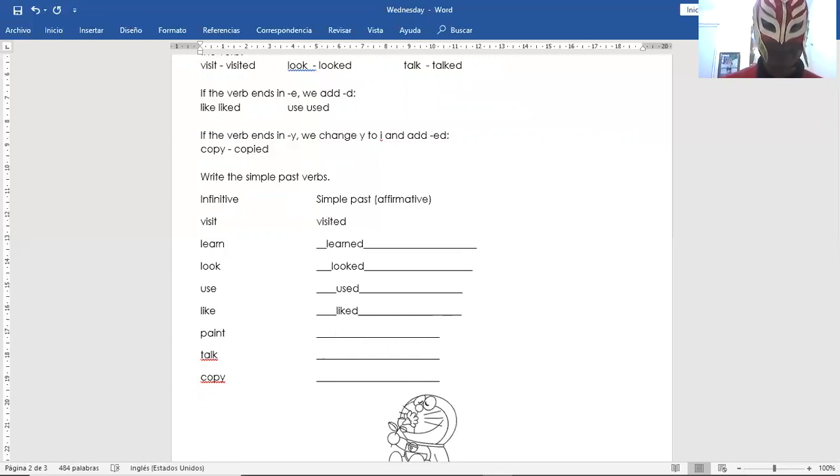The simple past of paint is painted, using ed, okay? Talk. The simple past of talk is talked. And one more verb, copy. Copy, okay? You take off the y and you write i-e-d.